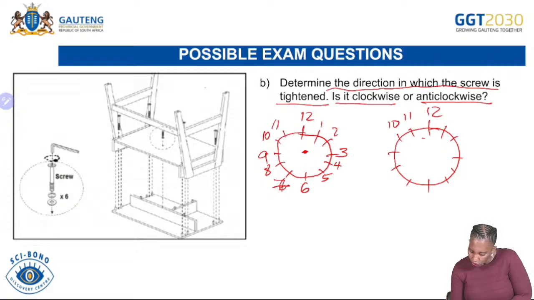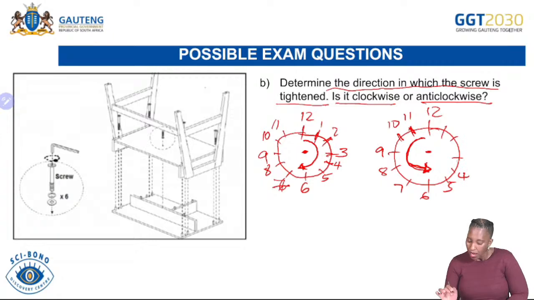If it goes this way, this direction, we say it is anti-clockwise because our clock doesn't move in an opposite direction. But if it moves this way, it starts from 12, it goes to 1, 2, 3, 4, not starting from 12, then it says 11, 10, 9, 8, 7, 6, 5, 4.